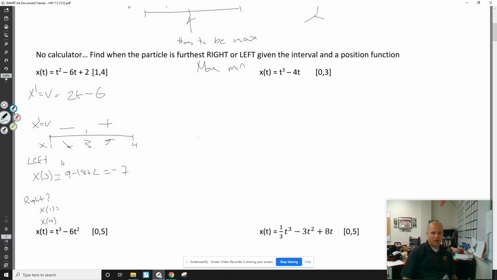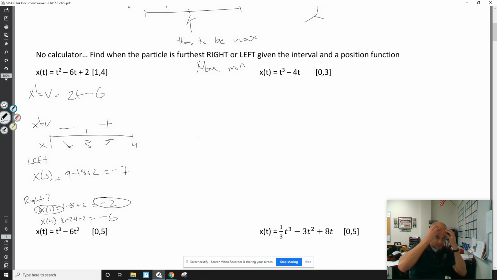At the start, I'm at 1 minus 5 plus 2, which is negative 4 plus 2, which is negative 2. Or at the end, 16 minus 24, which is negative 8 plus 2, negative 6. When am I furthest right? Actually, at a position that's negative.